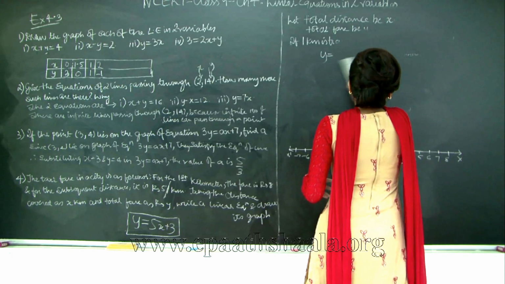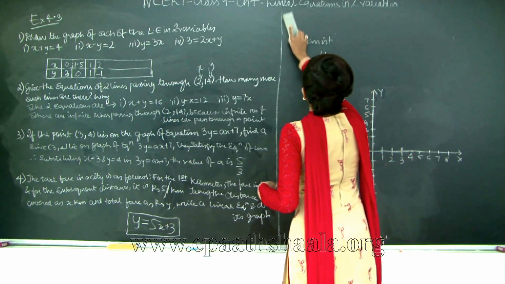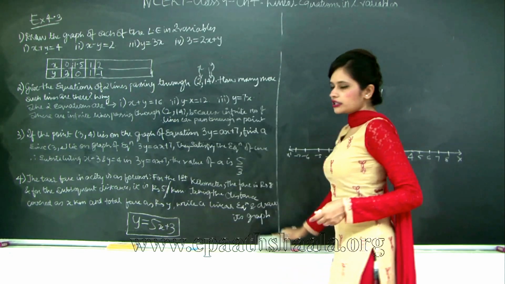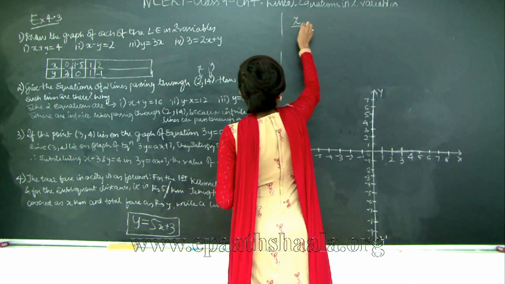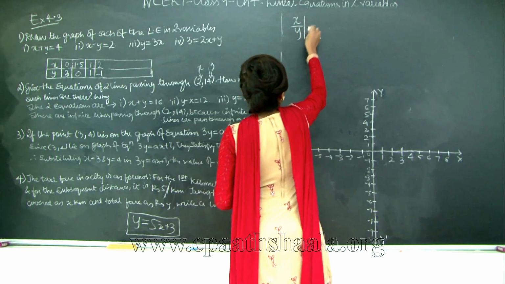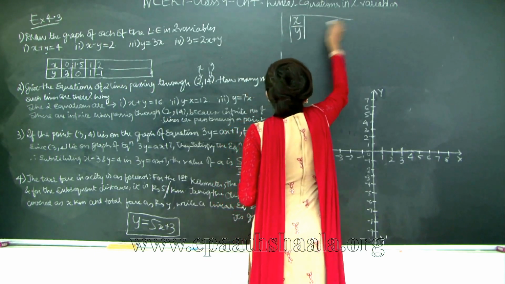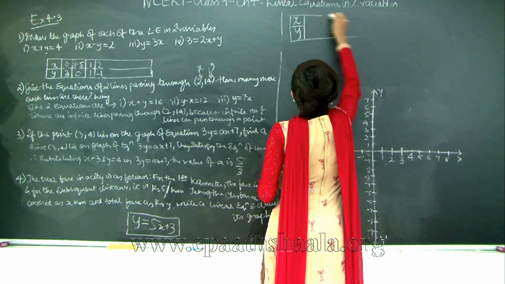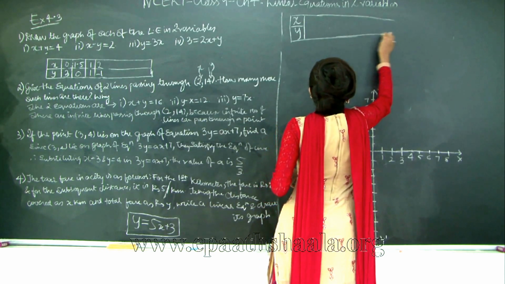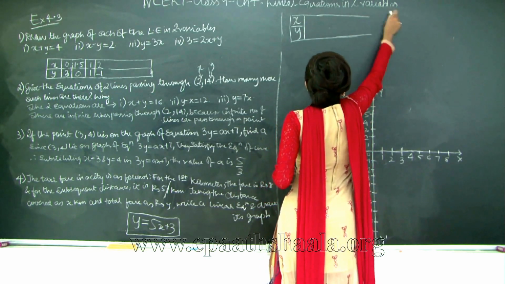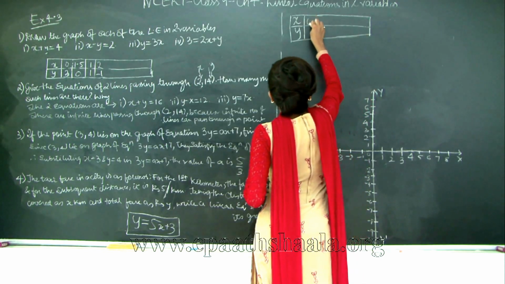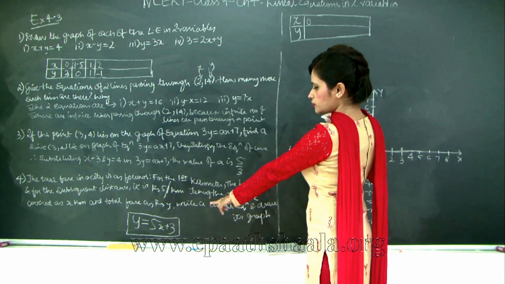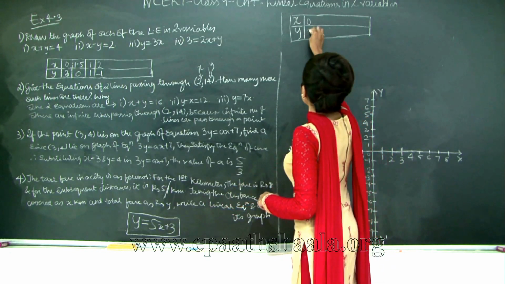So how are we going to go about plotting the graph or drawing the equation of the line in the graph? We need to draw a table for this equation. So I have x and y. I will say when x is equal to 0, y is equal to 3.